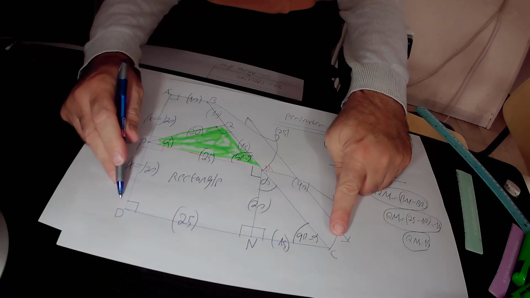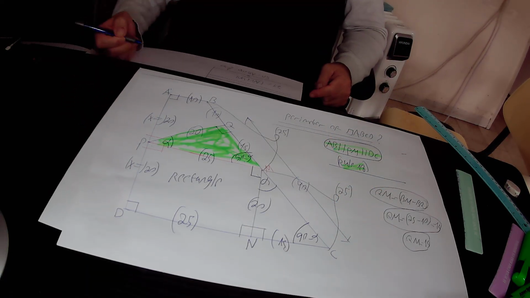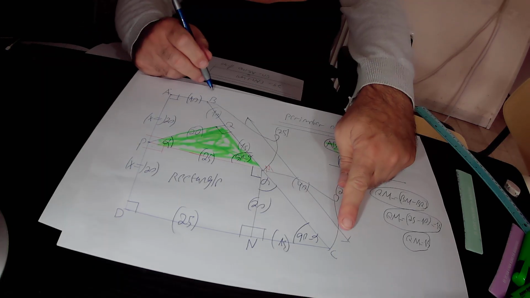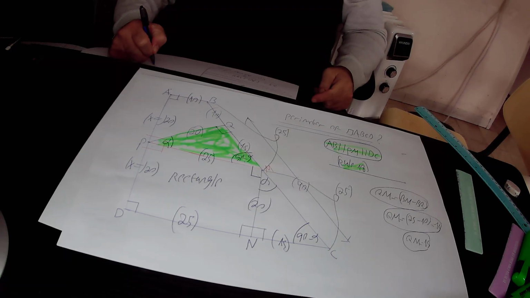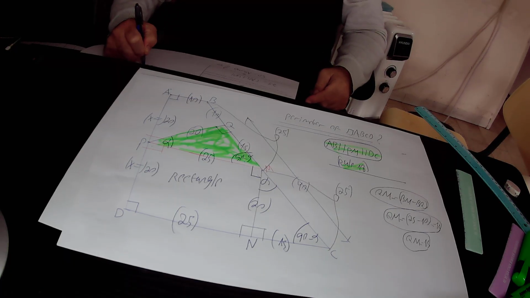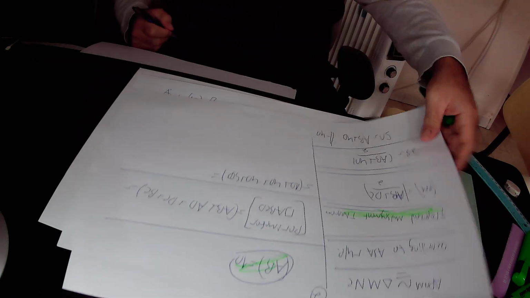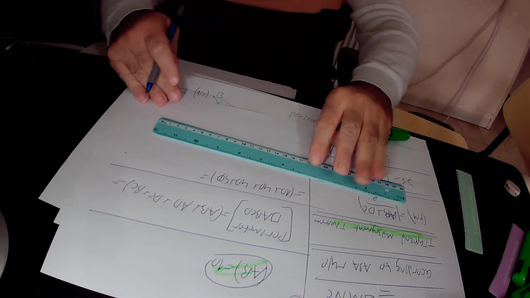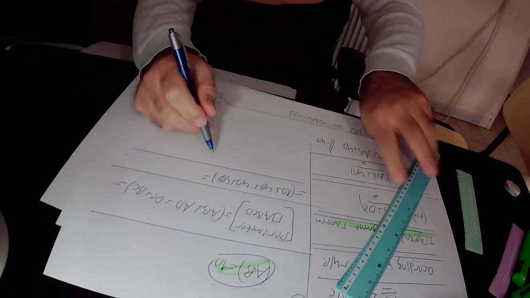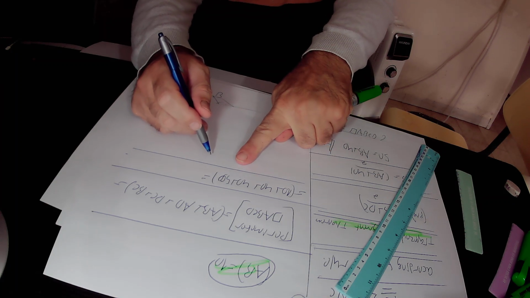DC in total equals 25 plus 15, that is 40, plus BC. BC in total equals 10 plus 40, that is 50. So the perimeter of quadrilateral ABCD equals 10 plus 40 plus 40 plus 50. 10 plus 40 is 50, 50 plus 40 is 90, 90 plus 50 is 140.